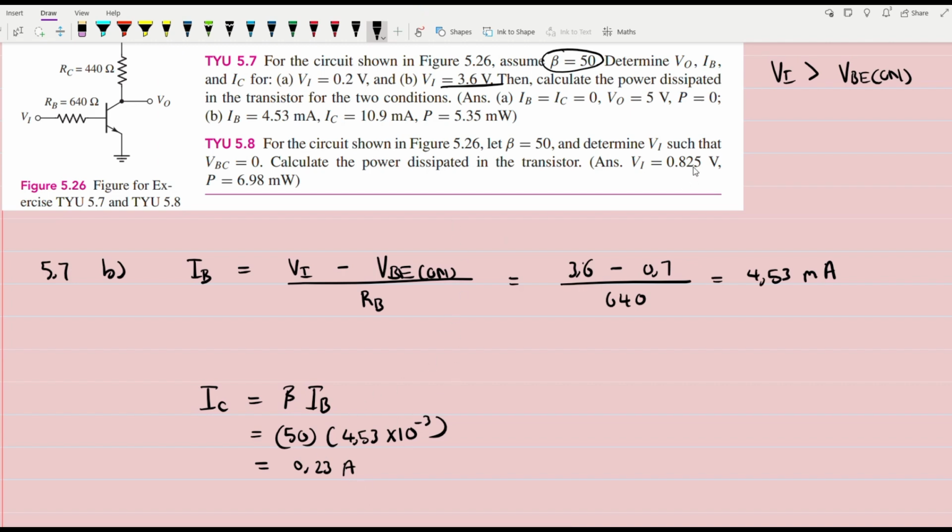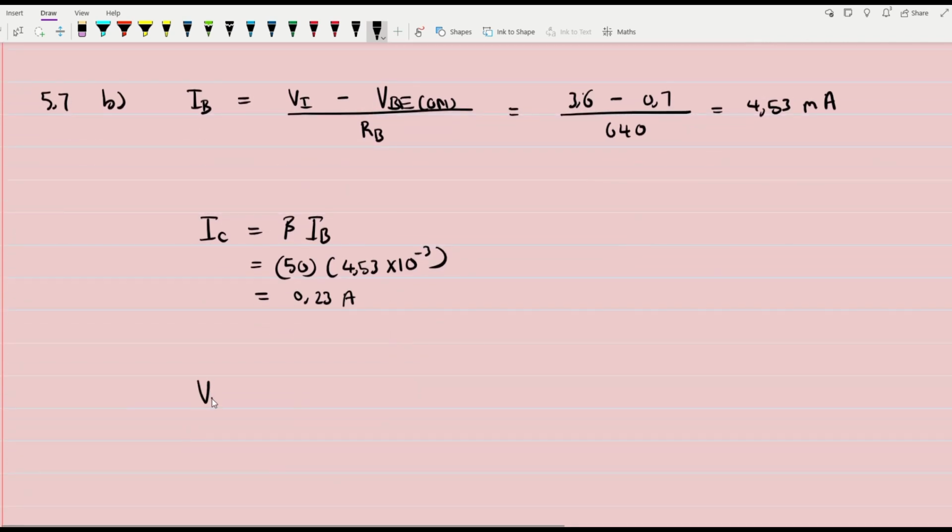Moving on, we have to find VO. VO is equal to V positive, which is 5, minus IC multiplied by RC. We already have IC, so we just plug that into our equation. VO is equal to 5 minus IC, which is 0.23, rounded off, usually 2.265 amperes.